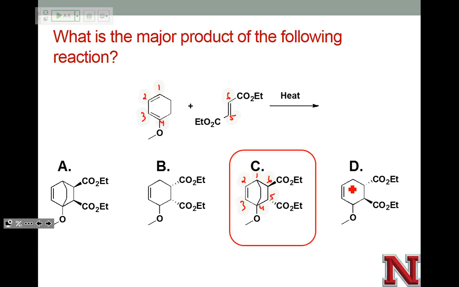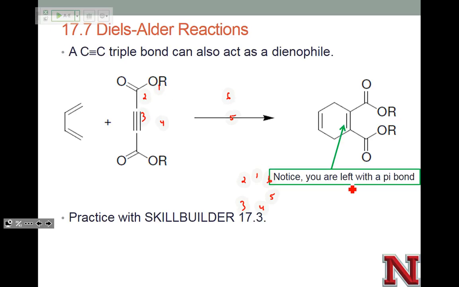The only reaction that's happening is between these 6 carbons. So whatever else is attached there is still attached there in the final product. So that's what's wrong with D and B. Those 2 carbons are not still there. A, they are, but we wouldn't get the cis product because we're starting with a trans double bond.